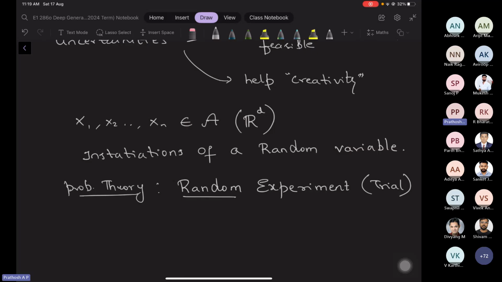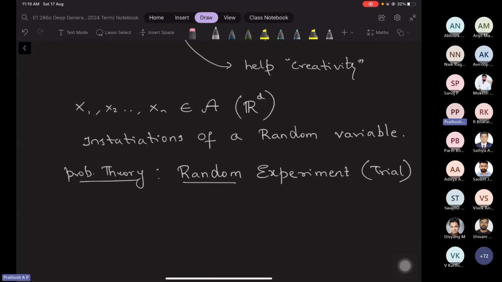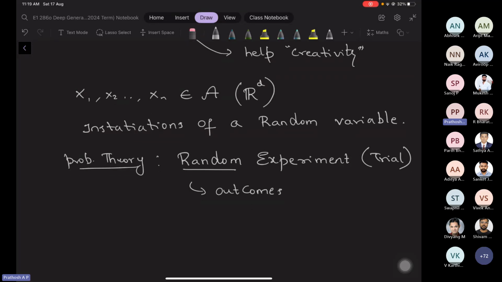This is one thing that is not well defined in probability theory: what do you mean by random? Nobody knows. But there is an experiment that is happening, and these experiments give rise to what are called outcomes. Basically, these are the outcomes of these random experiments, and these outcomes are enumerated in a set of outcomes.